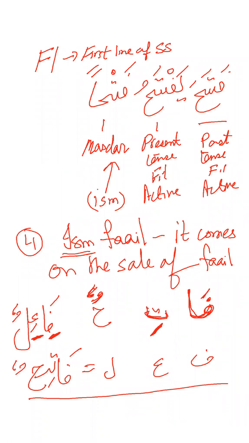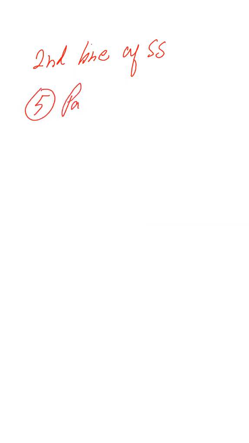Now the second line of Sarf Sagheer for Fataha yaftahu is number 5, passive past tense.